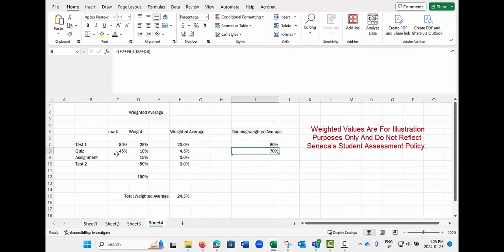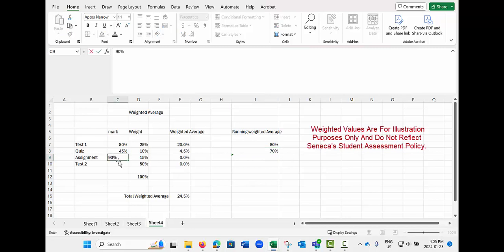I mean, 80 to 45, that's almost half as much, but we only went down 10%. Why is that? Well, because the quiz is only worth 10% of the total marks. So the test, which is weighted far heavier, gets to keep most of the marks. So that's why we had an 80 initially, then we go down to a 70.